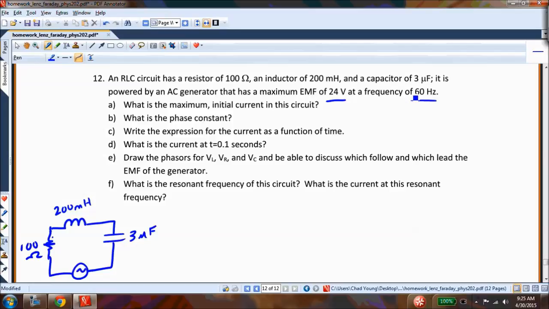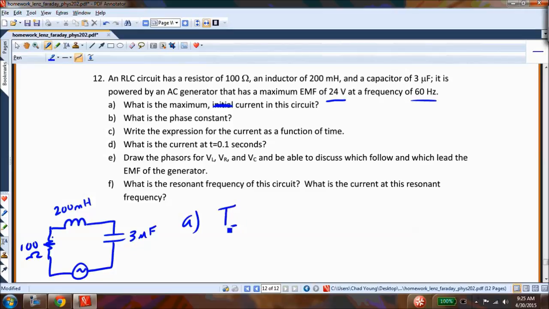First, I want to know what is the maximum initial current of the circuit. Actually, I say initial, but really just what is the maximum current of this circuit? Well, as with all my circuits, Ohm's law applies, but as you recall, I not only have the resistance of this resistor, but I also have the reactance of the inductor and the capacitor.